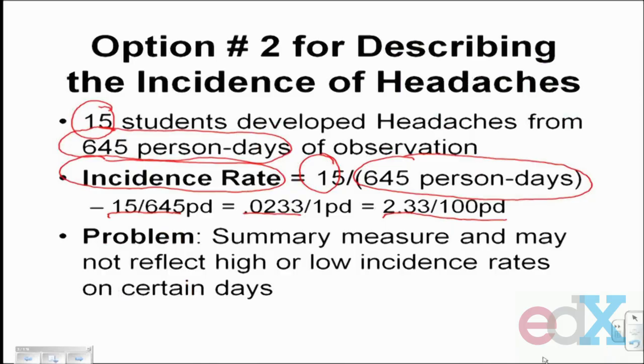Now there is a limitation. There is a potential problem with this calculation. This number, 2.33 cases for every 100 person days, doesn't take into account that 4 of my people developed a headache on the first day, and only 1 person developed a headache on the 7th day.